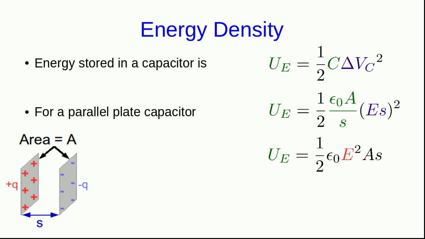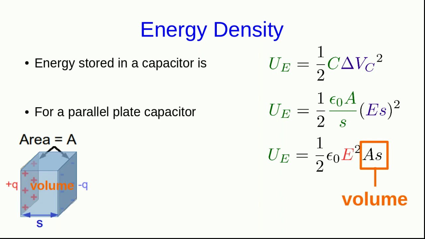And what's interesting about this is that it has this AS in it. Notice what that is. That's the volume of the space in between the plates, right? It's the area times the plate separation. That's the volume of a box enclosed between the plates.